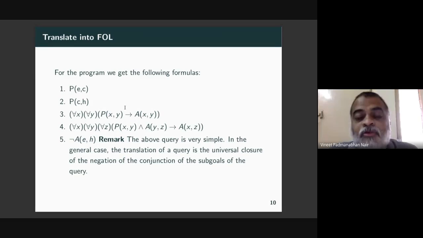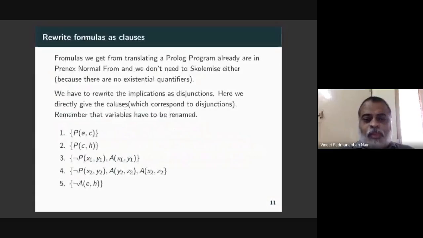But before that, you need to do certain things, no? All x, all y, p x y, a x y; all x, all y, all z, p x y, a y z, a x z. Formulas we get from translating a Prolog program are already in prenex normal form, and we don't need to Skolemize either. So two things are coming for free.